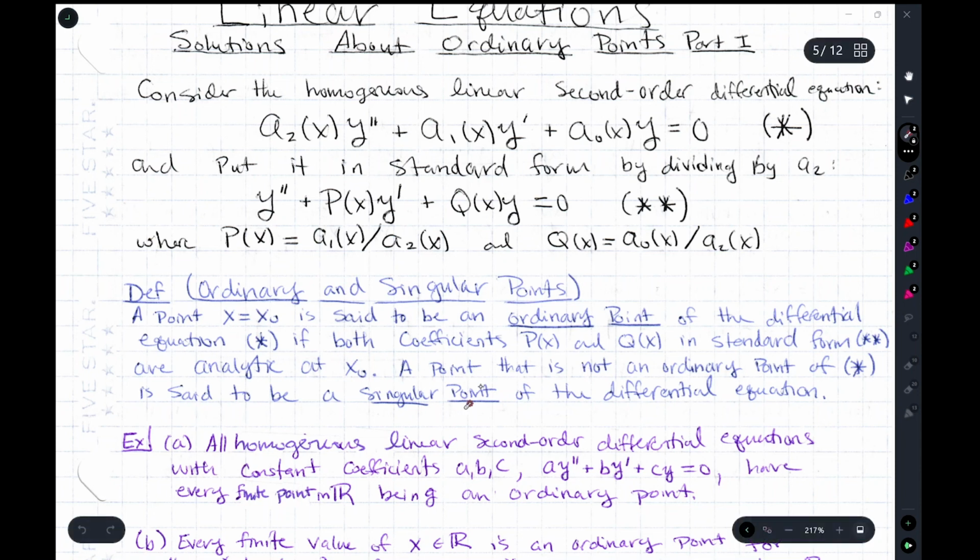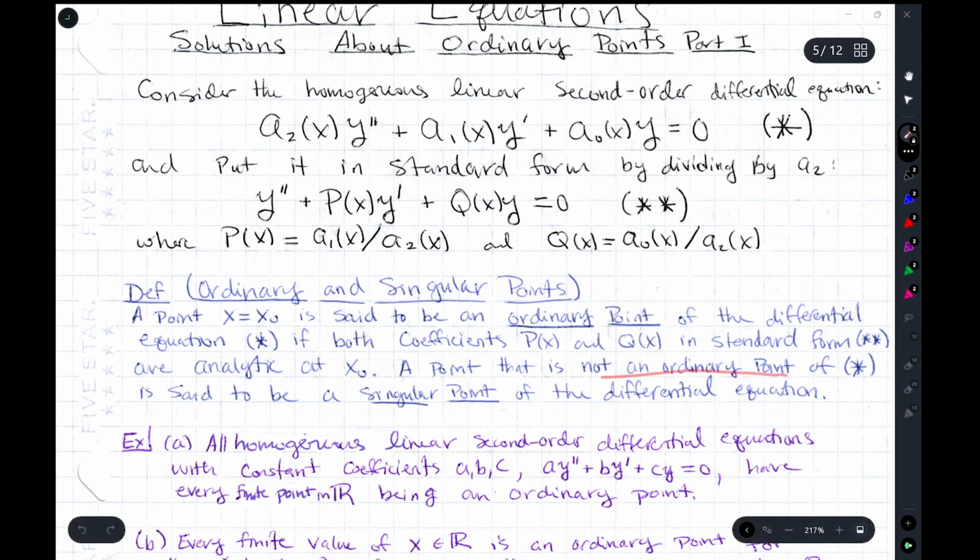Okay, and by the way, what is analytic? You express it as a power series at x naught with a strictly positive radius of convergence, so not one where r equals 0. So you need some open interval around x naught such that p of x and q of x can be expressed as a power series in that open interval.